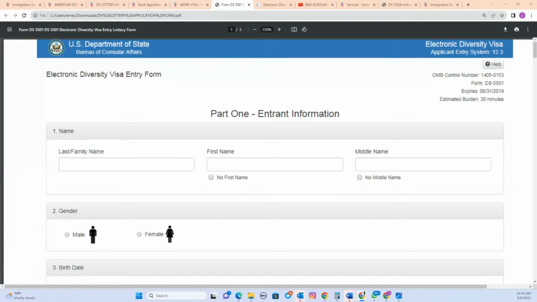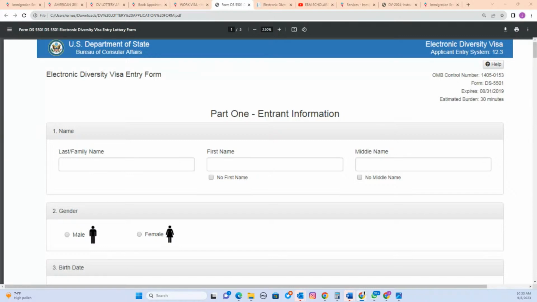Part two will depend on whether the main applicant has derivatives. Derivative means dependents. So part two will depend on whether the person has dependents, if the person either has children or has got married.